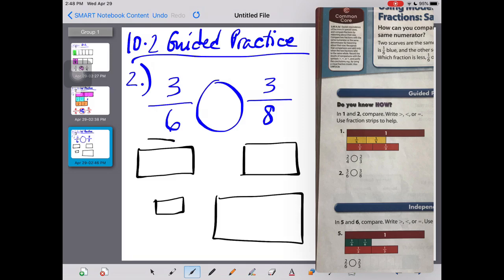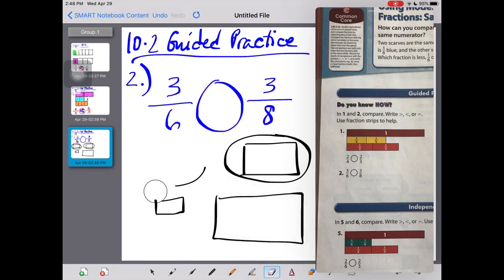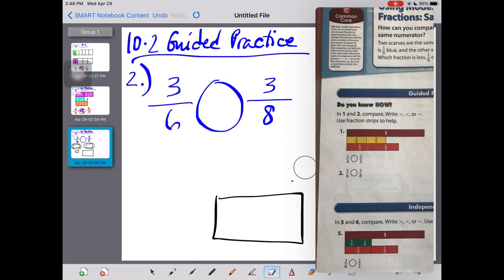We have to have a situation where the two wholes are the same size, okay? Now let's assume that that is the case. We're not given that information, but we're going to assume that that is exactly what's happening here, okay?